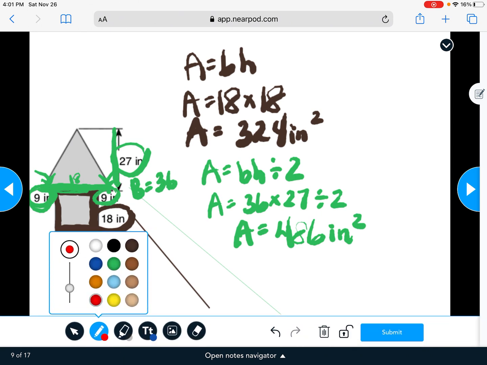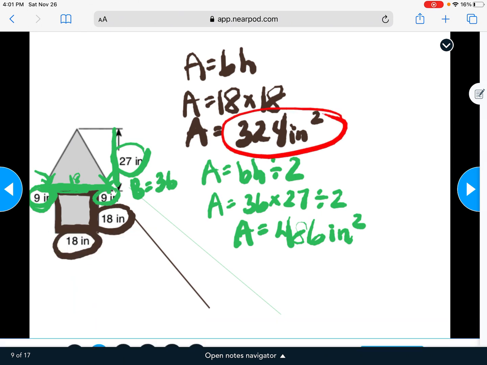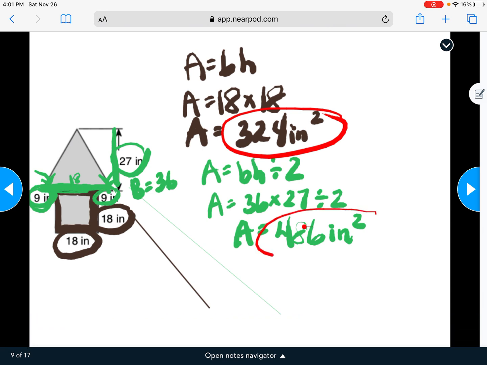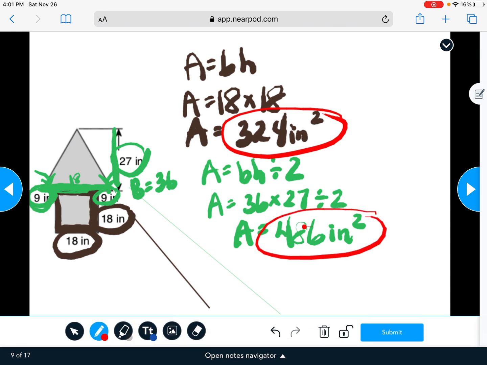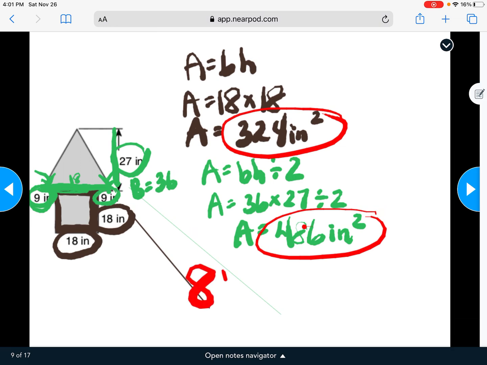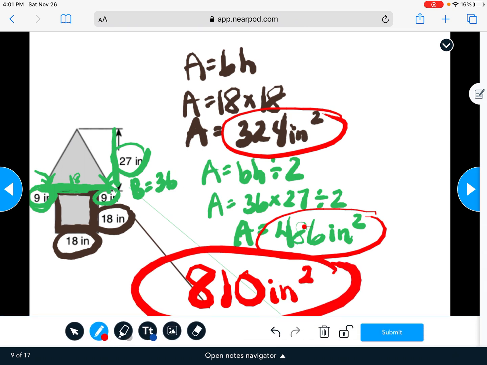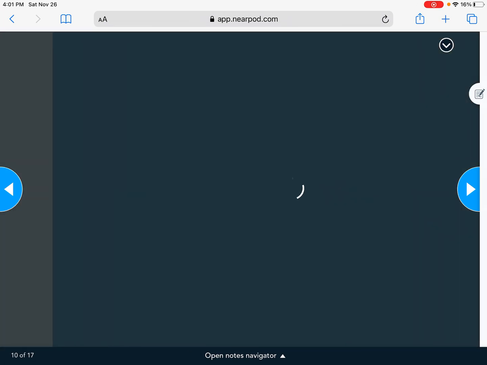All right, and to find my total area, once more, I'm going to combine my rectangle and my triangle. So 486 plus 324 gives me a total area of 810 square inches for my arrow. And I think I'll stop there.